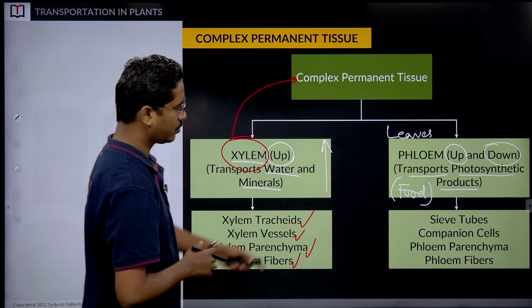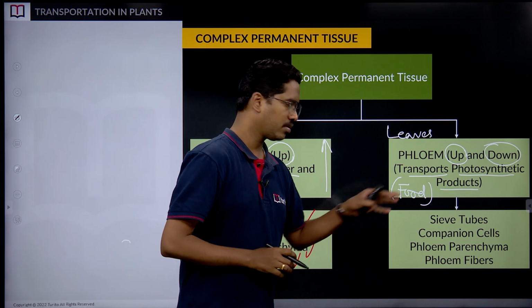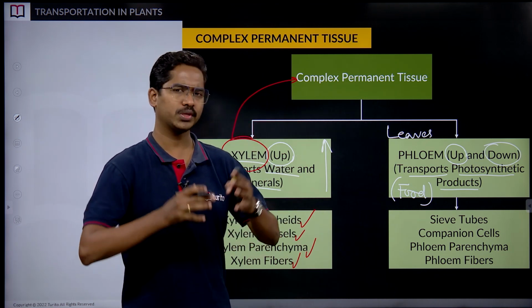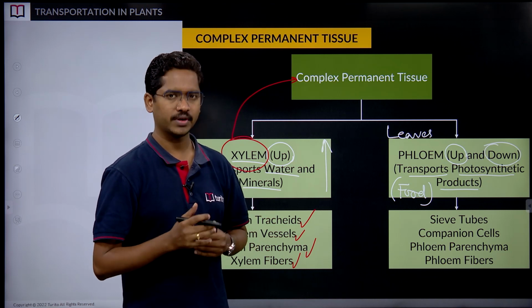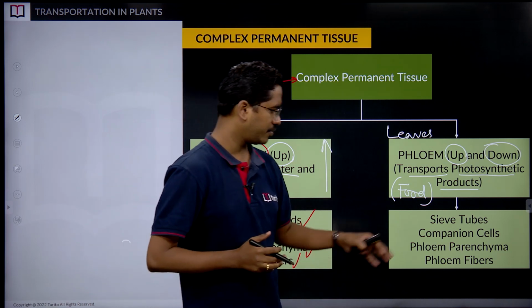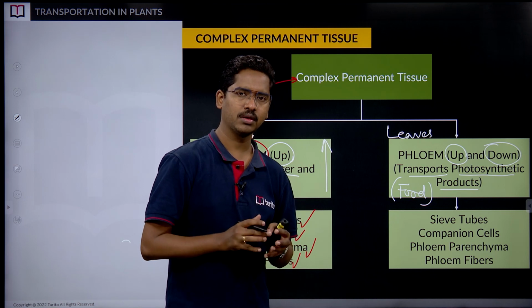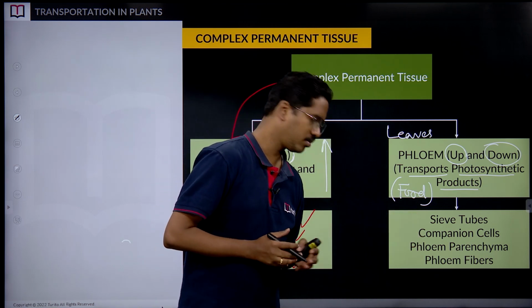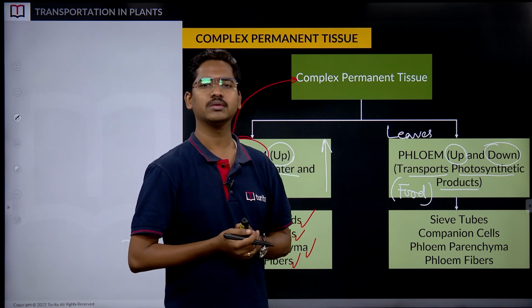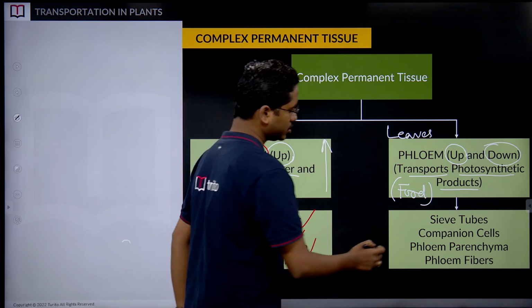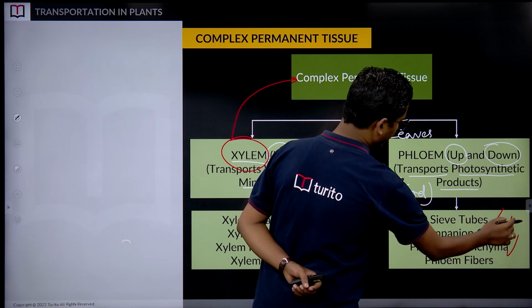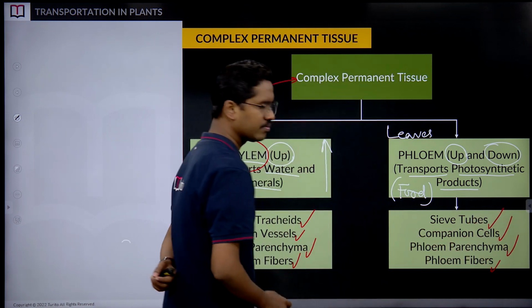So, when it comes to the phloem, if you observe, it also has to transport all the substances throughout the plant. Okay. If it has to do that, you observe carefully, it also has basic elements which make up the phloem. All these elements combine together to make the complex tissue, that is phloem. You see, sieve tubes, companion cells, phloem parenchyma, phloem fibers.